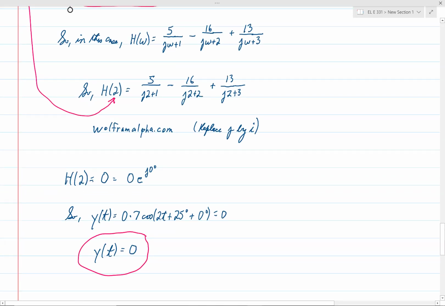So here we have 7 cosine 2t plus 25 degrees, but then we have multiplied the magnitude of 7 by 0, which is the magnitude of h of 2, and then for the argument, we've shifted it by the phase of h of 2. But of course, 0 times 7 is 0, and so we just get y of t is equal to 0 in this case.